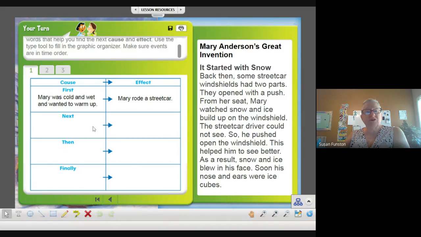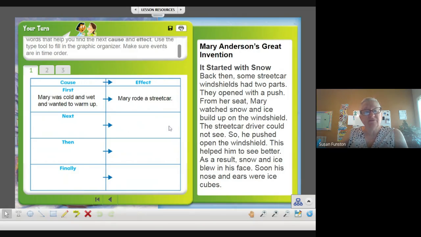Okay, so next we could say that she saw that the driver could not see and had to open the windshield.